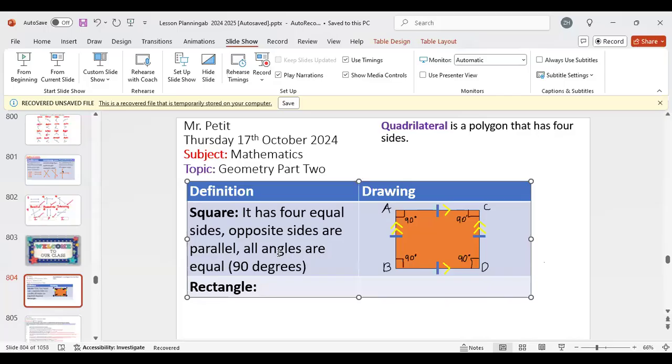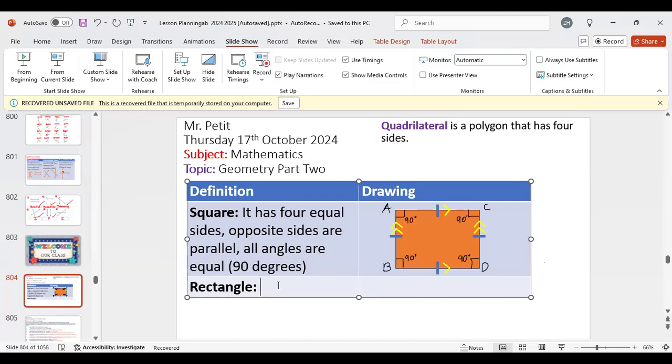So for the rectangle, we know that, well, it has four sides. Does it have four equal sides? No, it doesn't have four equal sides. So what sides are equal? The two short sides and the two long sides.